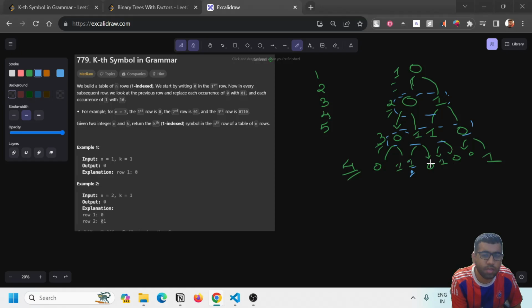Suppose, let's make one more. It's going to go a bit big, but we'll be able to understand. 0 1, and this is 1 0, and this also goes for 1 0.